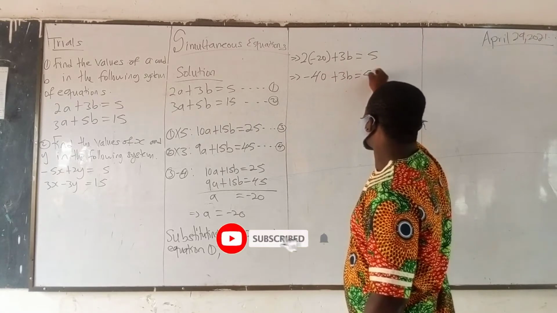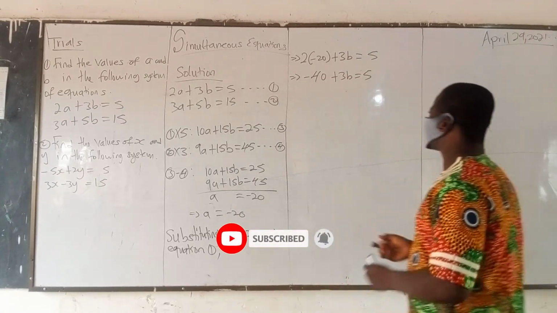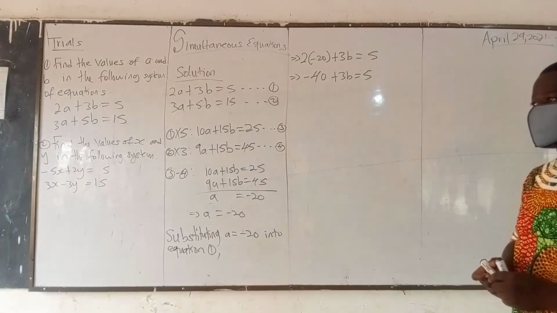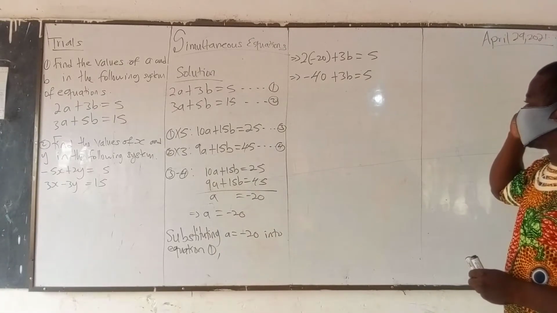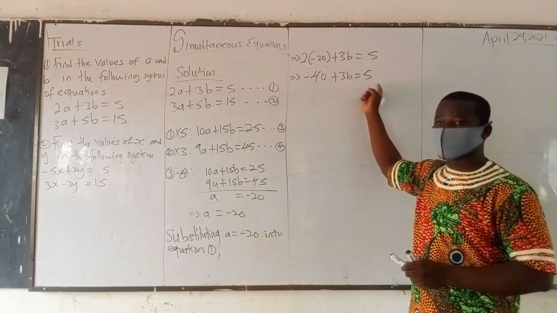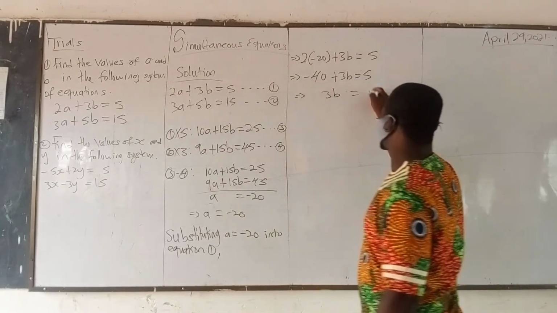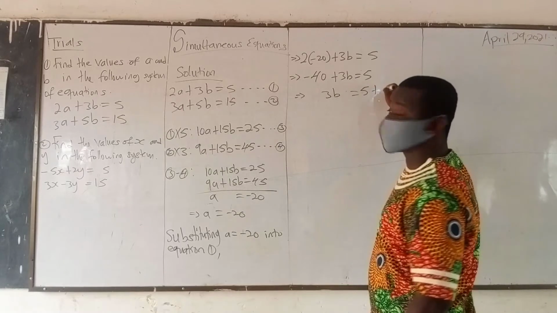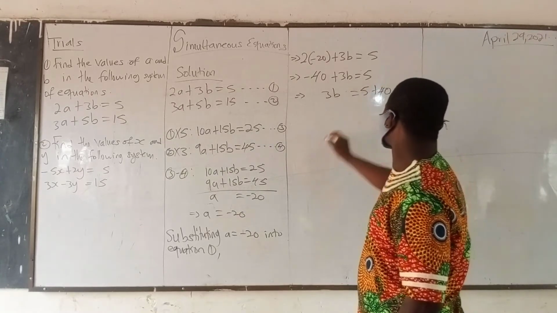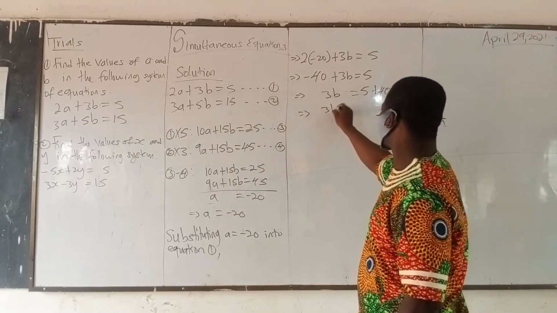That gives us what? So now, if I'm adding 40 to both sides, or better still, transposing the negative 40 across, what does that give me? 3b is going to be equal to 5 plus 40.